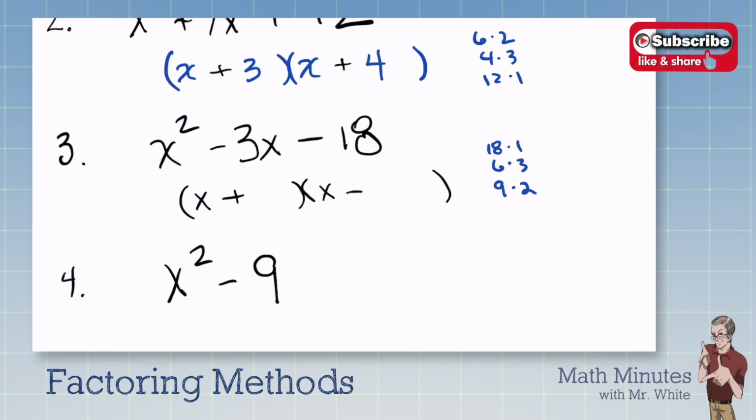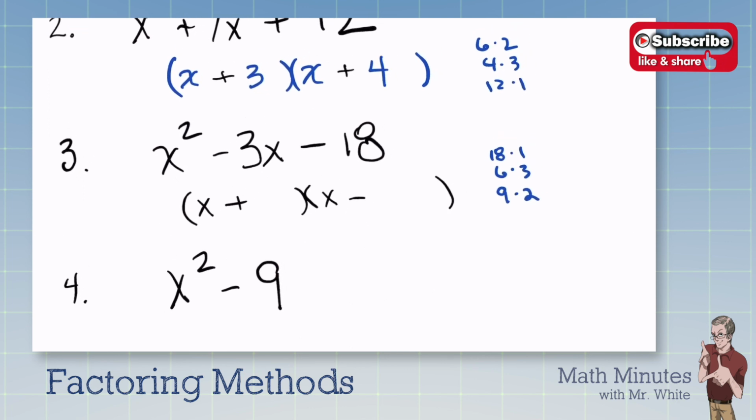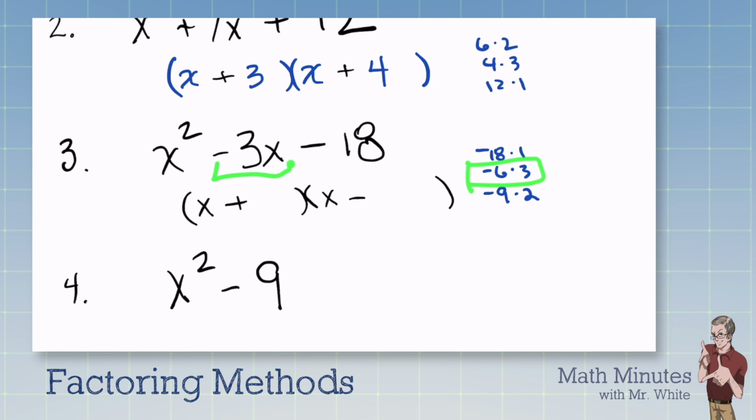But don't forget, we're going to make one of them negative because we want a negative last term. So one of them has to be negative, and if we make the bigger number negative, it will cause the middle term to be negative. You see how negative 6 plus 3 will make that middle term. So we put the 6 here and the 3 here.